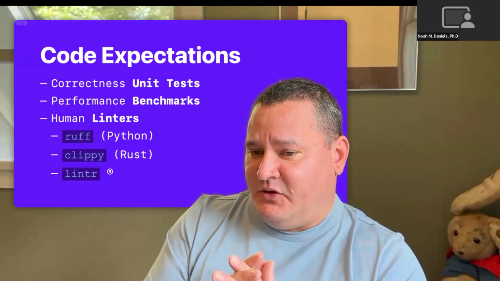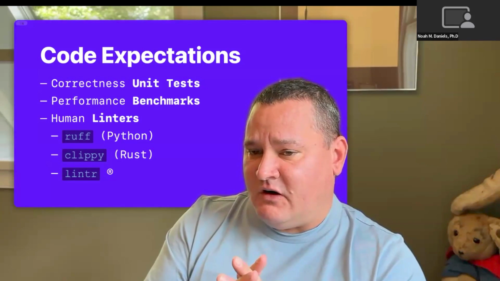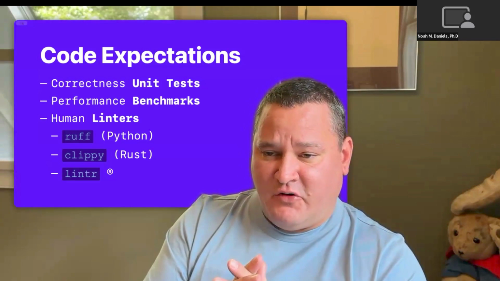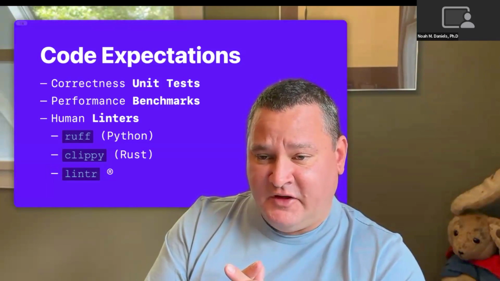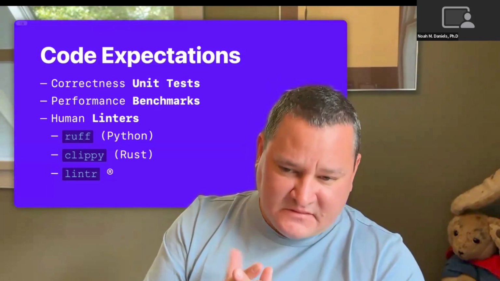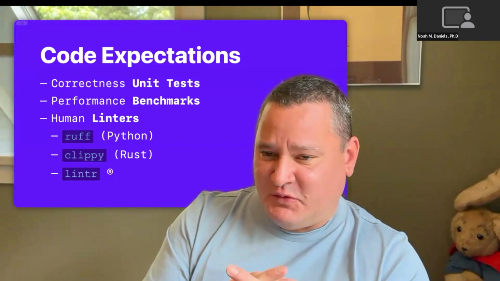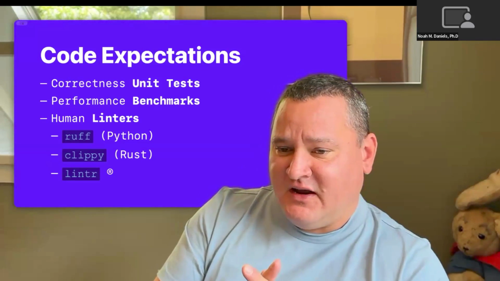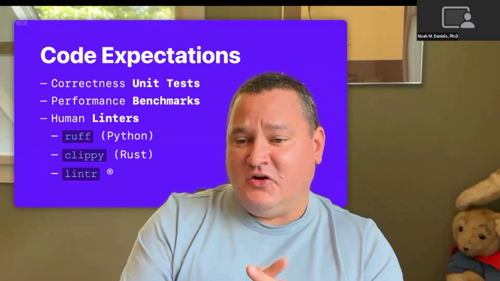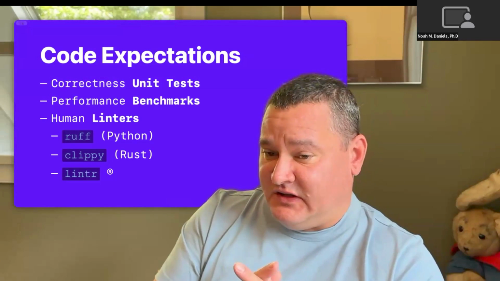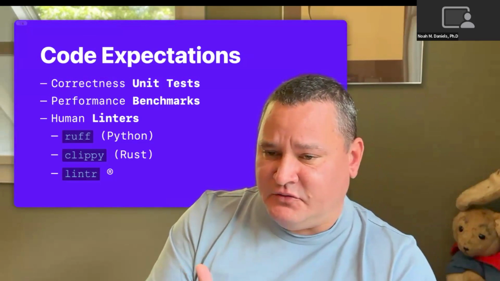Some example really good tools are, in the Python programming language, Ruff. Actually, a grad school friend of mine is one of the co-authors of it. In Rust, there is Clippy, which is part of the standard toolchain.